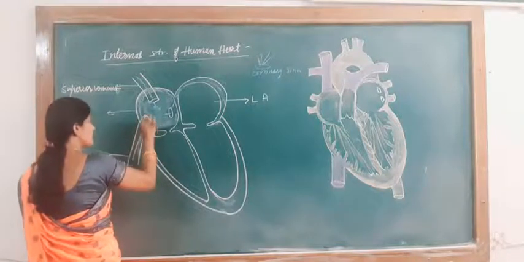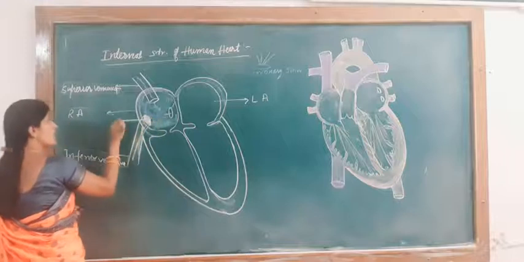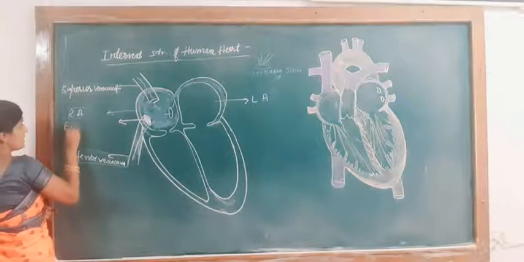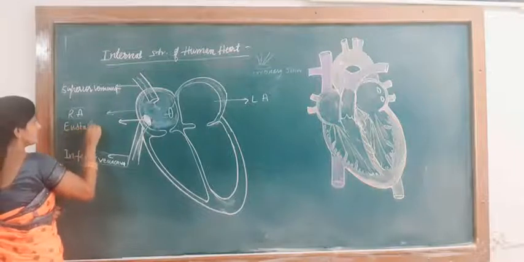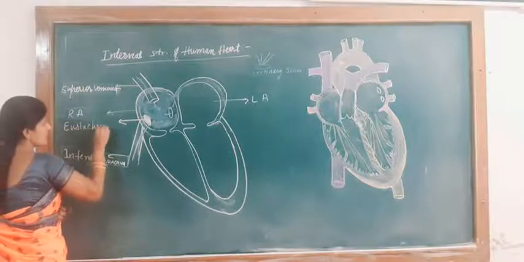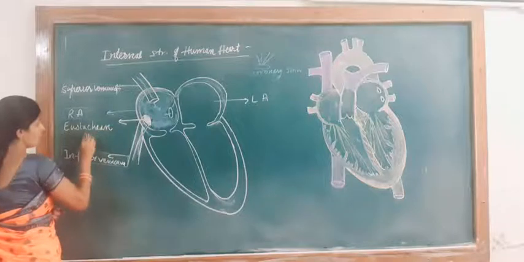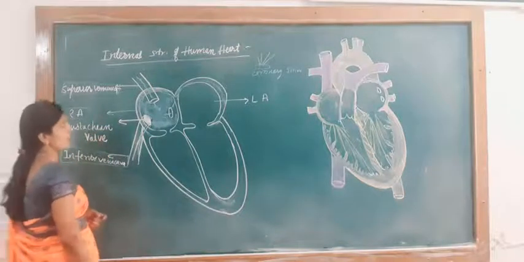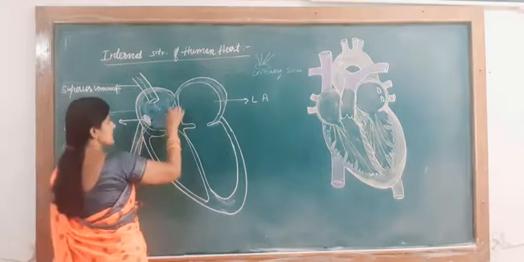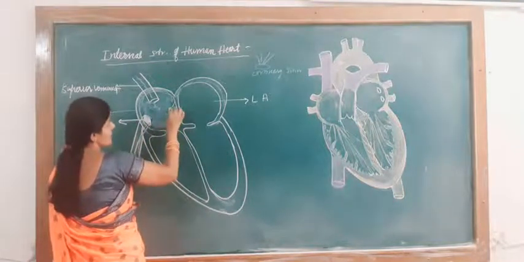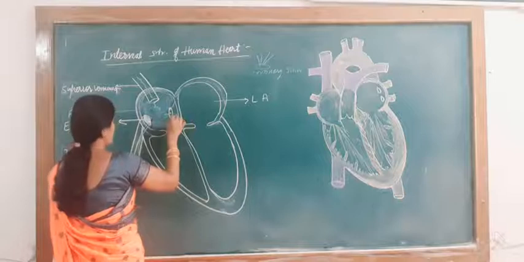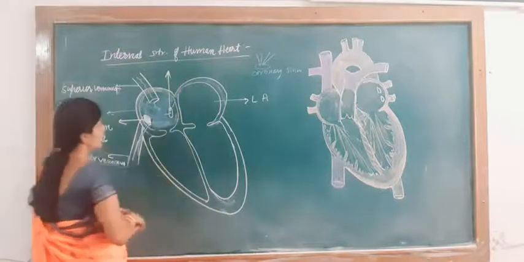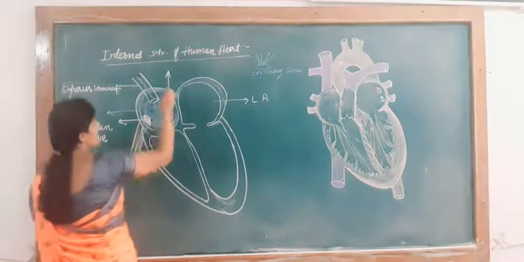One valve is present in this opening, and that valve is called the Eustachian valve. And at the coronary sinus opening, one valve is also present, and this valve is called the Thebesian valve.